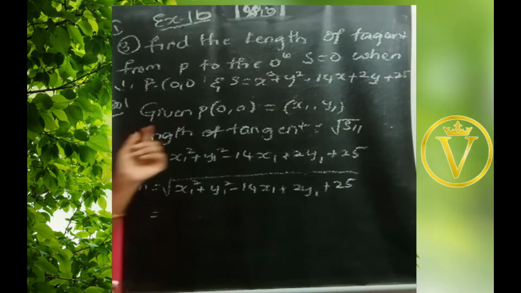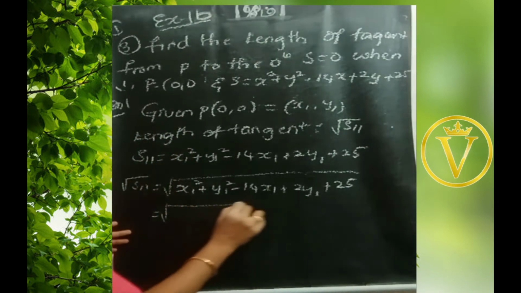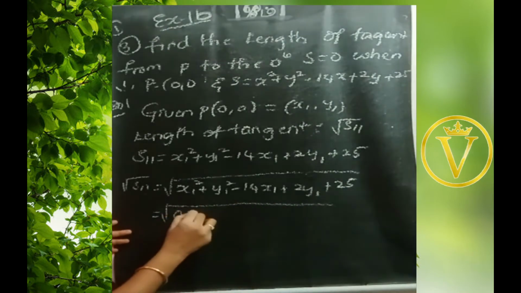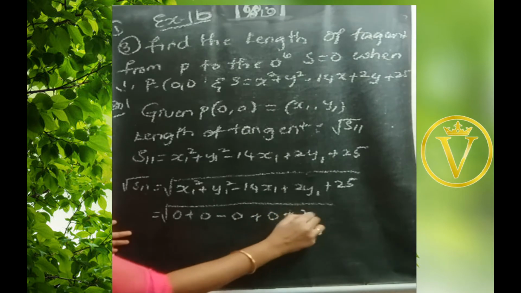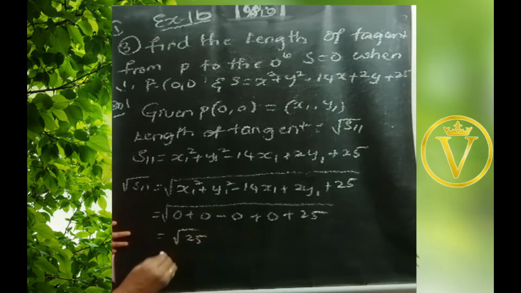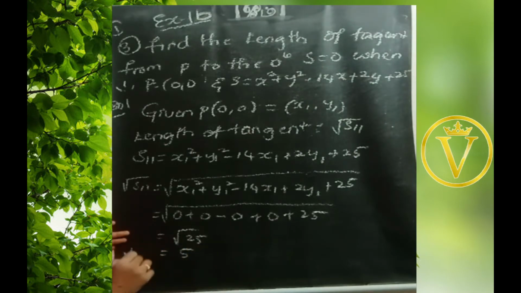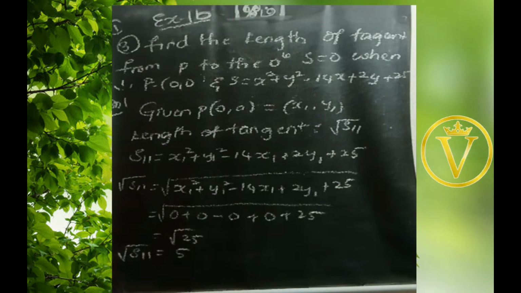Now apply the root to this expression and substitute the points. Here they have given the origin, that means 0. So 0 plus 0 minus 0 plus 0 plus 25 means root 25, that equals 5. So root S11 is 5. That's it. Now we'll go for the another problem.